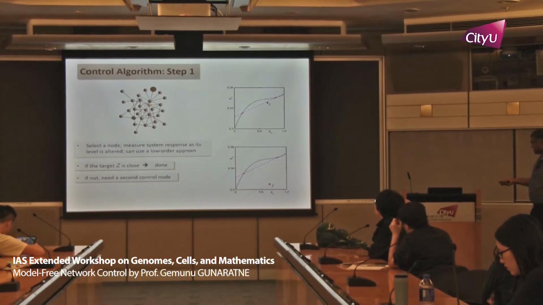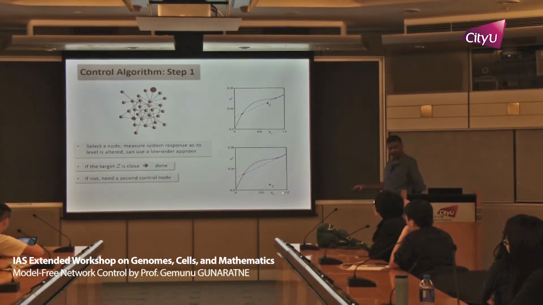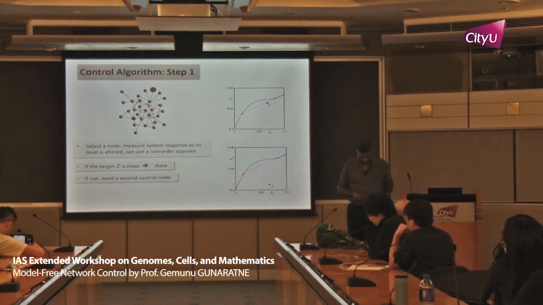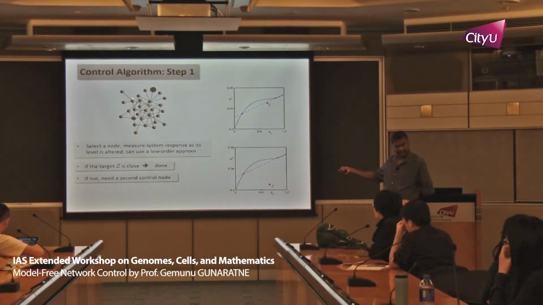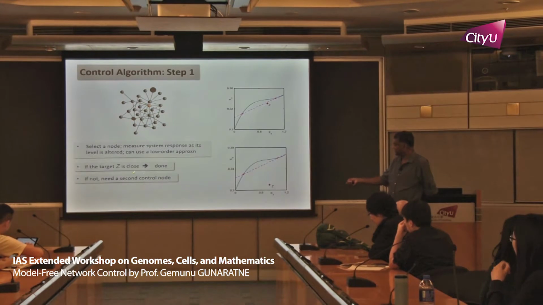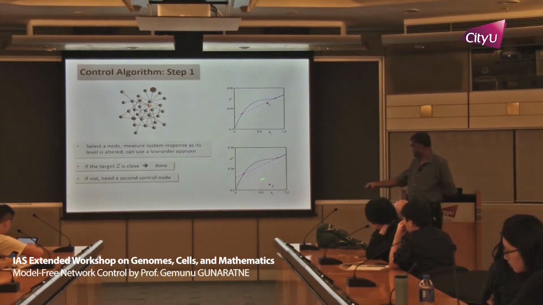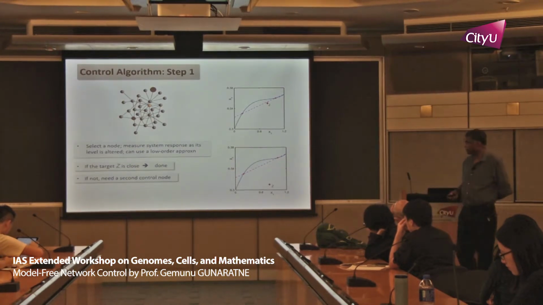What's more likely to happen, which I illustrate like this, is that my target is nowhere close to this line that I have. Which is to say that changing that gene alone, the one that I randomly picked, is not enough to get me near this target state. That's the more likely scenario.